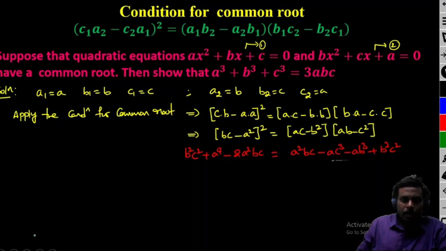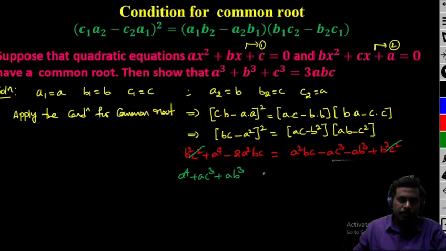Okay, now I think these two terms get cancelled, B square C square. Now let us rearrange the terms. So we get A power 4 plus A into C cube plus A into B cube is equal to 3A square BC.